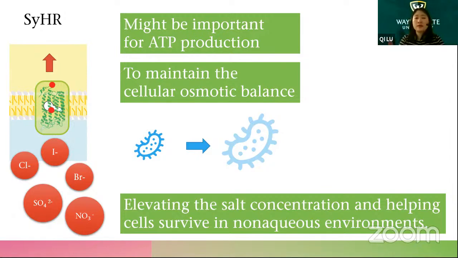So this could be important to maintain the osmotic balance by pumping in these negatively charged ions. Another possibility is that it may help the cell survive in a non-aqueous environment, like increased salt concentration, and preserve the cell's viability to survive in very harsh environments without water.